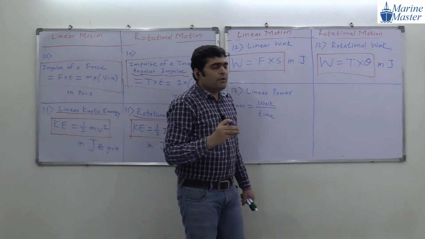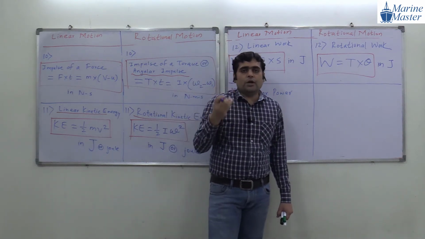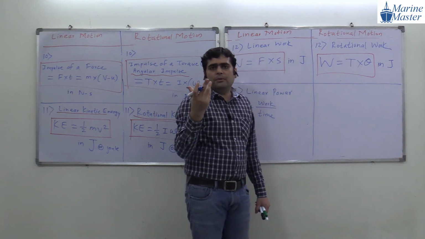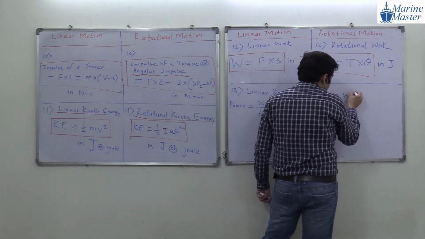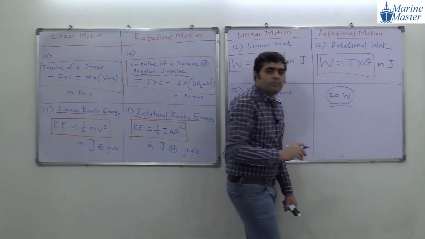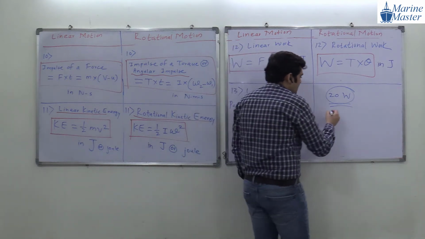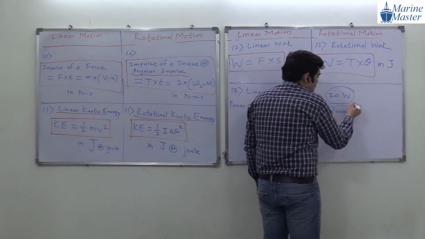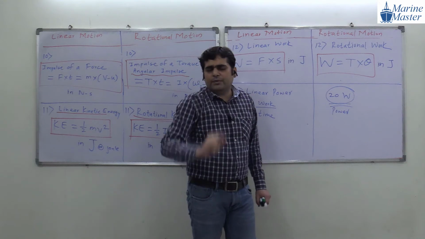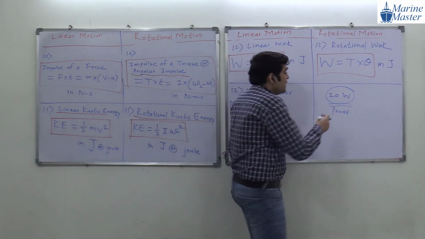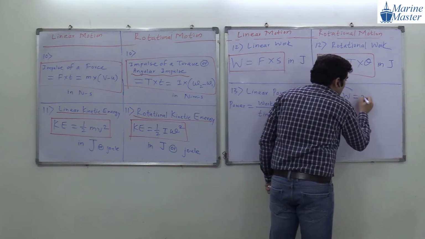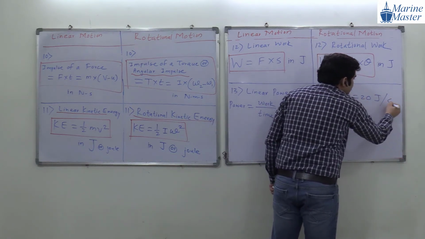See, a bulb, a tube light. Suppose one bulb is a 20 watt bulb. So the power of the bulb is 20 watt. What is the meaning of 20 watt, guys? In another form we can write it as 20 joule per second.